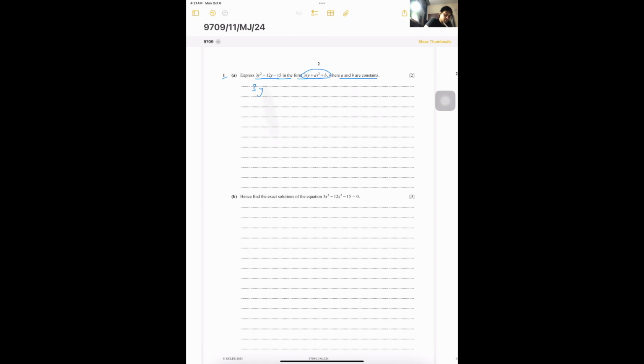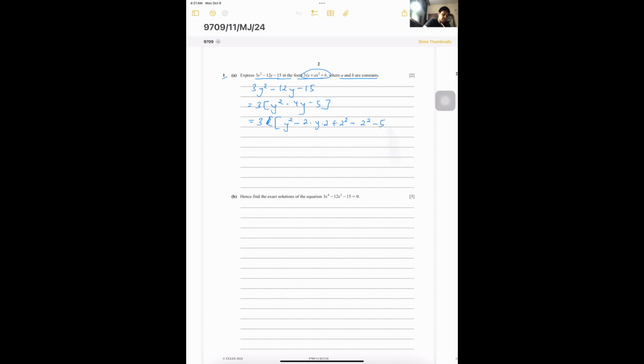3y squared minus 12y minus 15 is equal to 3. We will take the 3 common and we will write y squared minus 4y minus 5, which is equal to 3. Inside the bracket we will do completing the square. So y squared minus 2 into y into 2 plus 2 squared minus 2 squared minus 5.